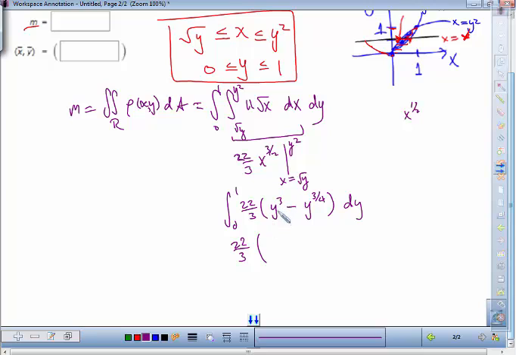And then you integrate this, you get y to the 4th over 4 minus, and then you add 4/4, 7/4, y to the 7/4 divided by 7/4, or multiply it by 4/7. And when you put 0 in, everything disappears, so it's just putting 1 in. 22 over 3, 1/4 minus 4 over 7.